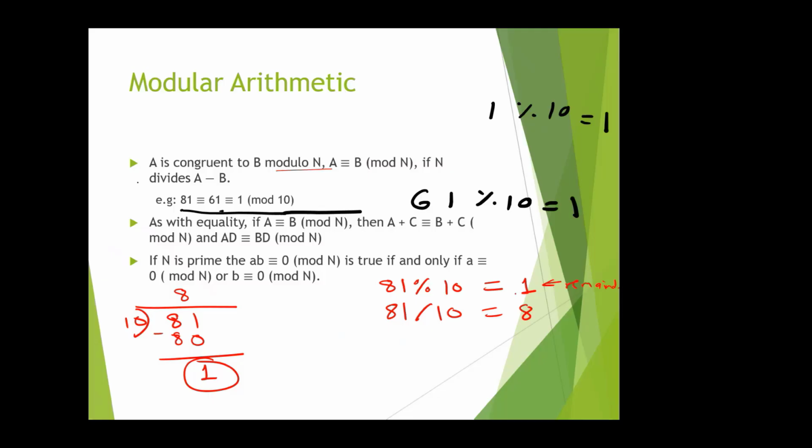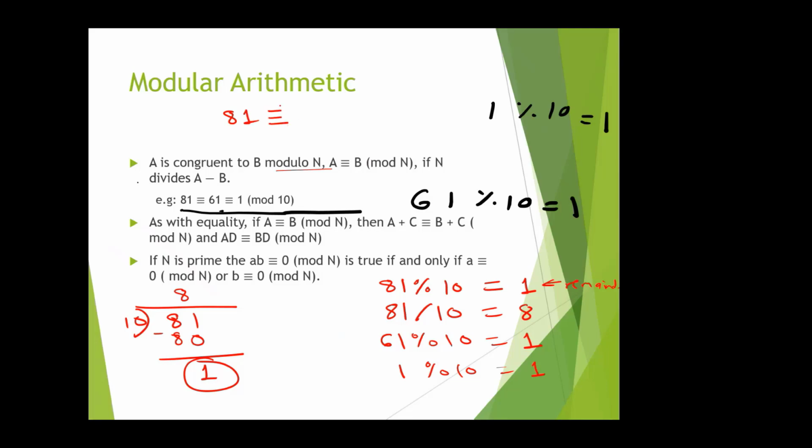Now when we have this remainder, if we divide 61 by 10, then also I get the same remainder. If we divide 1 by 10, then also we get the same remainder. So under the mod 10 operation, I can say that 81 is equivalent to 61.